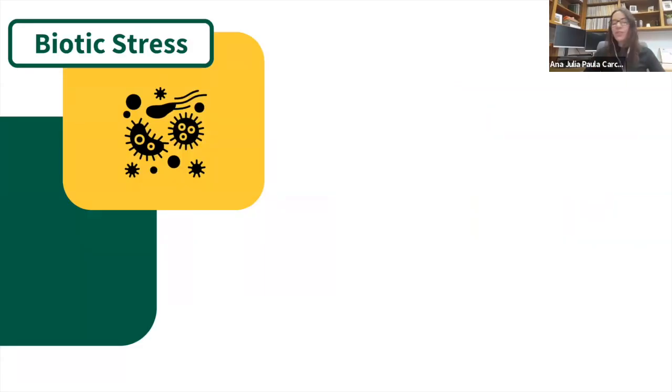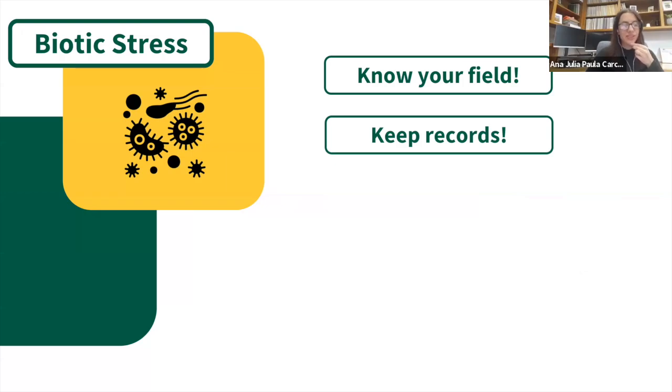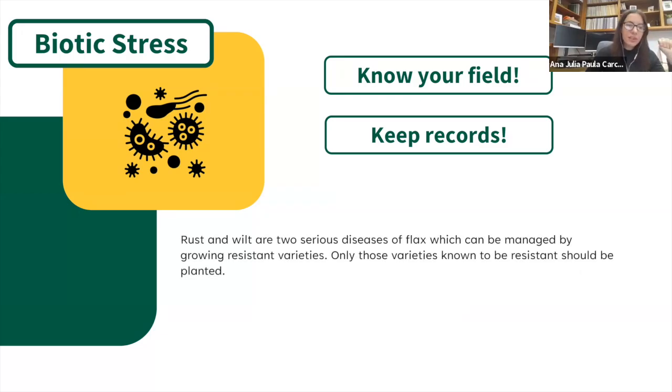I don't have much time, but I'm just going to say that biotic stresses are something important. You have to know your field and keep records. This is general advice. When we are talking about flax especially, most of the varieties will have good behavior with rust and wilt, fusarium.